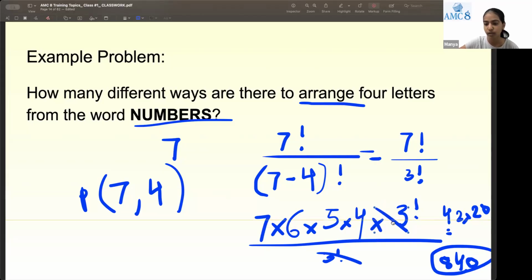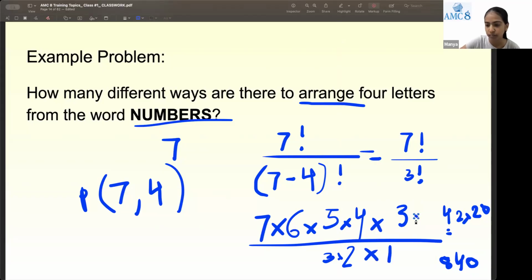So here, suppose that you write, let me just delete this part here. Okay, so you can also write 3 times 2 times 1, and here you can also write 3 times 2 times 1.